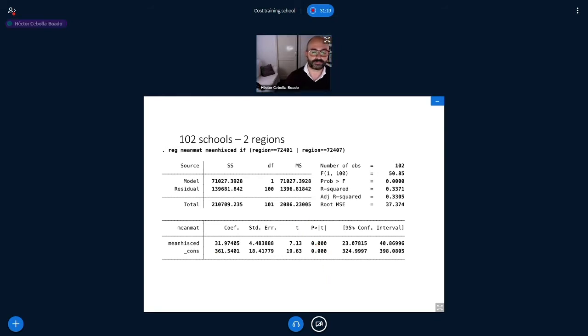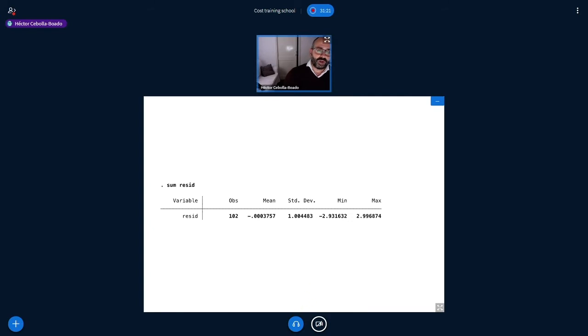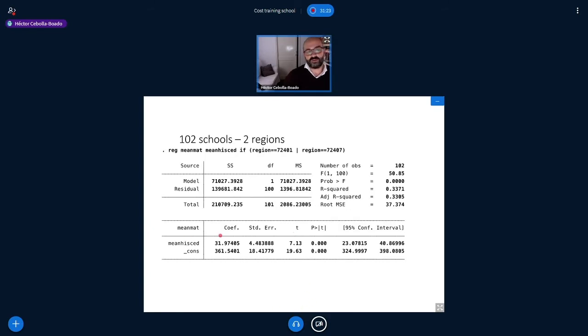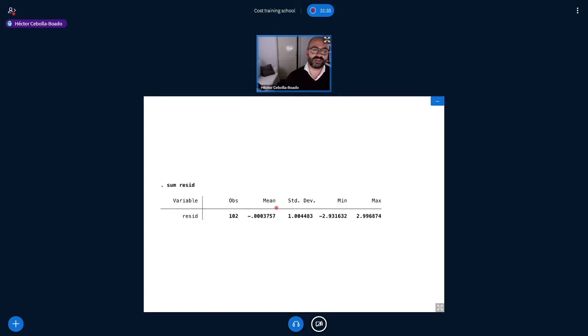Okay, so this sounds good. If we only see this, we may think, oh, we did a good job. We estimated a proper, convincing effect of parental education on performance in mathematics. And just to show whether this is the case, you can check your residuals, and you will see that they are on average 0.